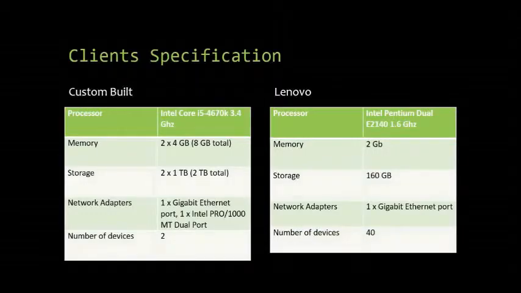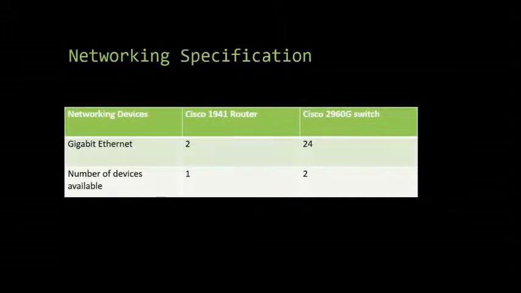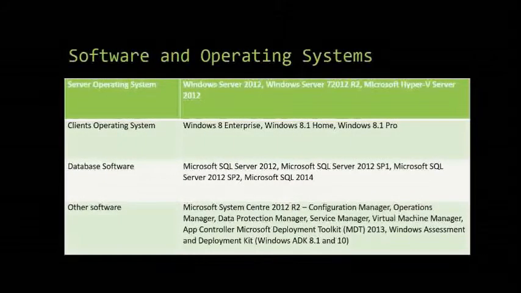And the Lenovo computers have an Intel Pentium Dual E2140 1.6 gigahertz processor, 2 gig of RAM, 160 gigabytes of storage, 1 gigabit port, and we have about 40 devices. And we use a router and switch to make the network.